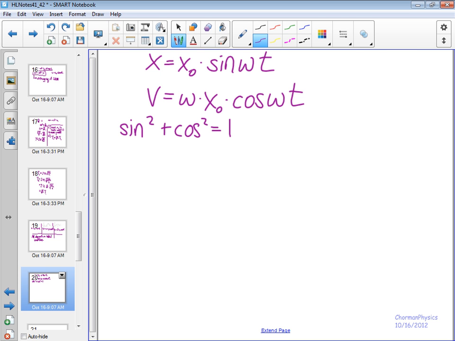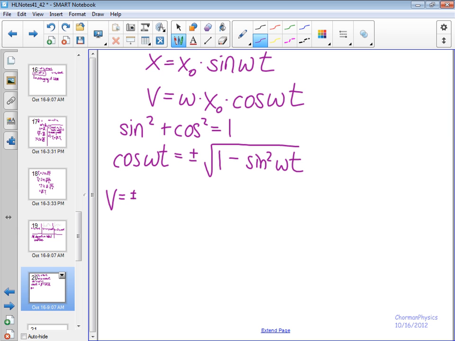Let's go back to one of our first trig identities. From here, I'm going to solve for cosine omega t. It's going to be equal to plus or minus the square root of 1 minus sine squared omega t.